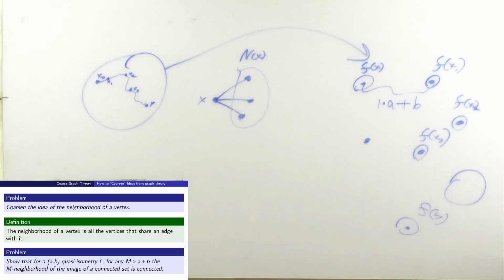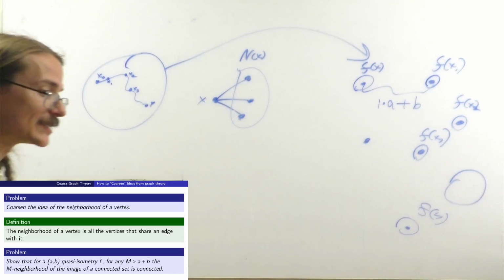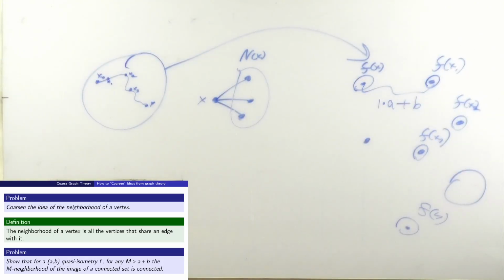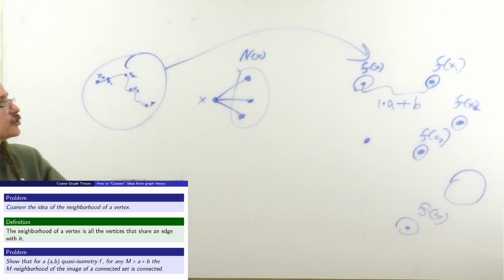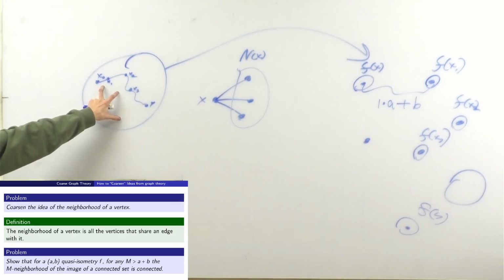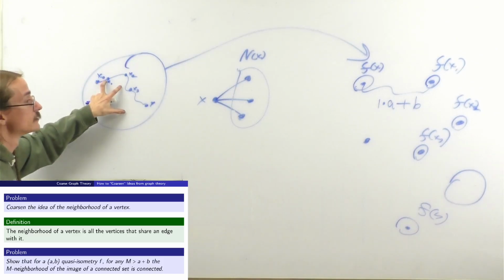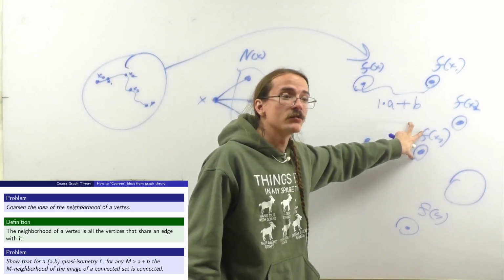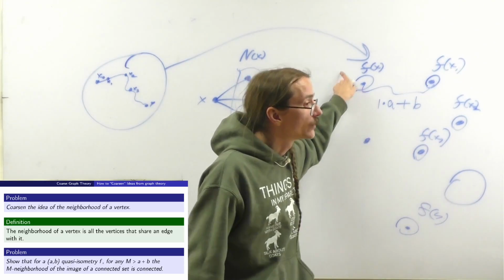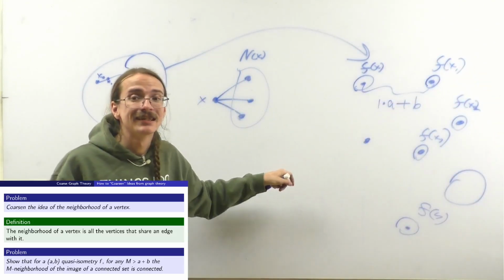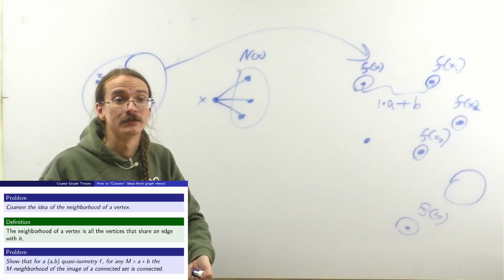Now our goal is to show that the m-neighborhood of the image of a connected set is m-connected. We talked about the image of a connected set in the last problem. We have a connected set. Its image is everything that comes from something in there. And we already proved that that set is m-connected.